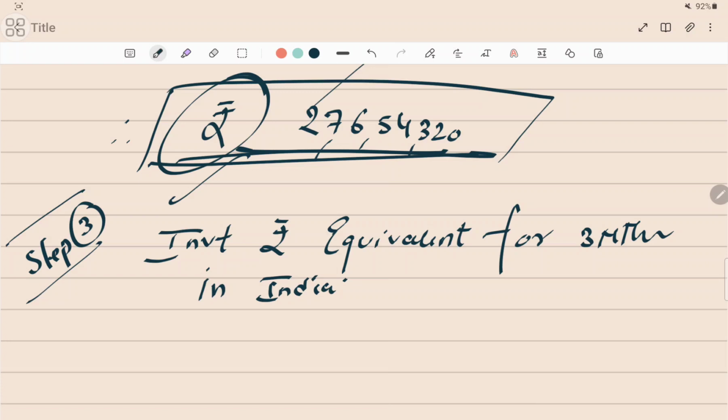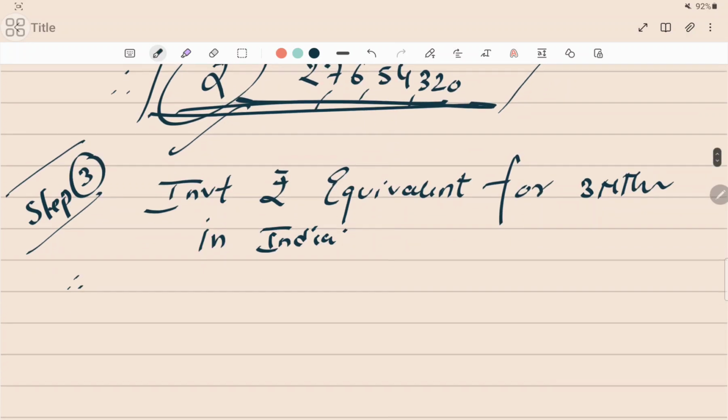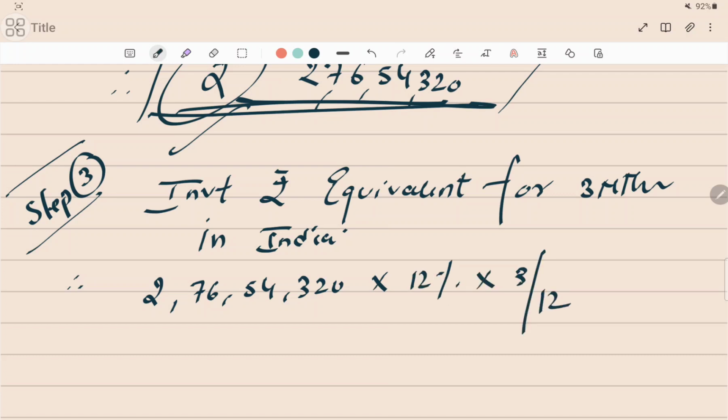Therefore 2,76,54,320 multiplied by 12% into 3 by 12 is the interest, and plus this 2.76 crore will be my total amount after 3 months.